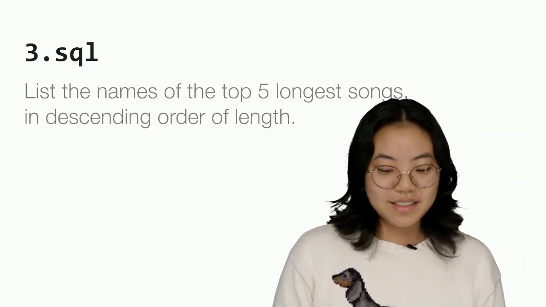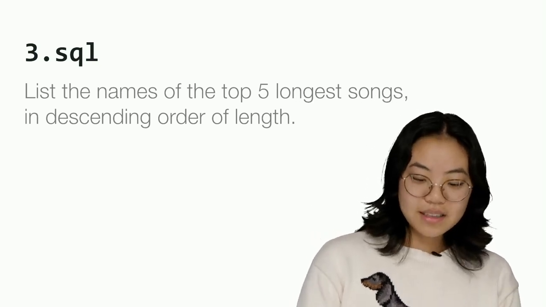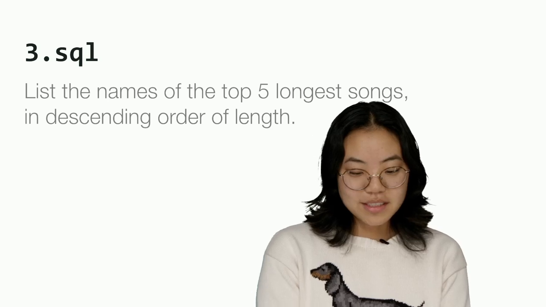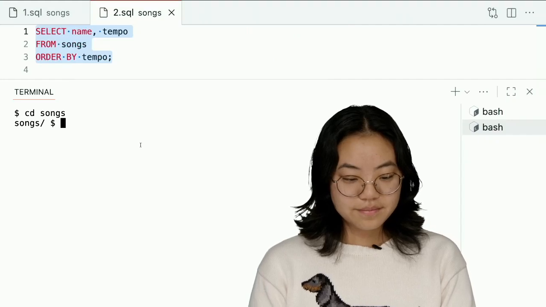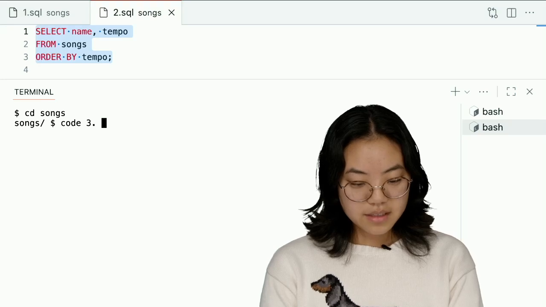All right. Okay, so this next one here, we're going to list the names of the top 5 longest songs in decreasing order of length. So I'm going to open up 3.